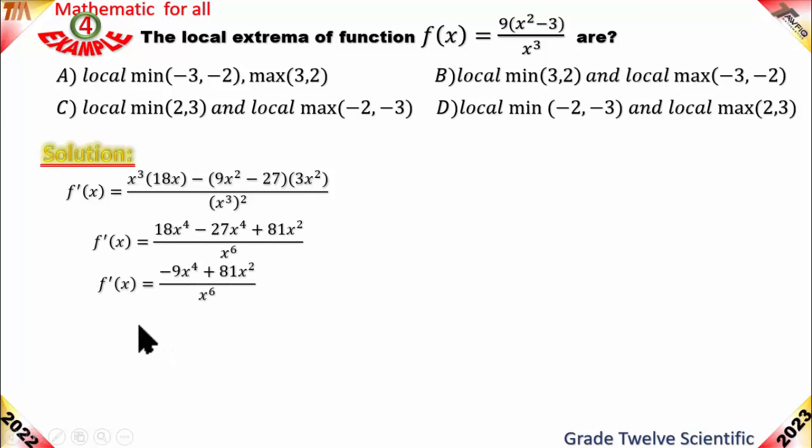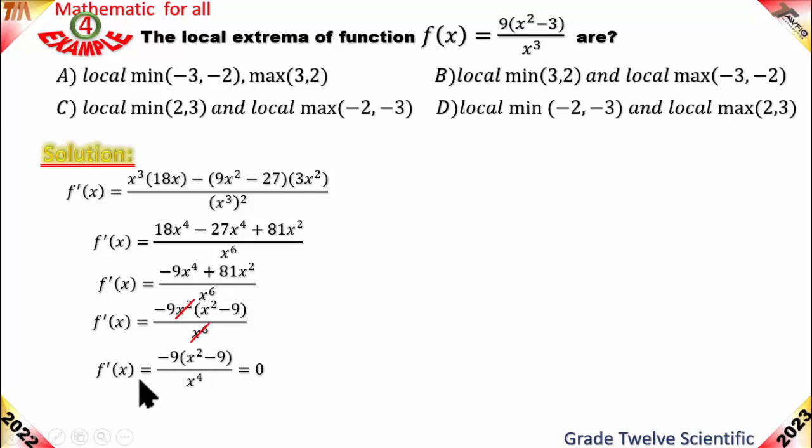Simplifying this, f prime of x is equal to minus 9x squared minus 9 over x to the power 6, cancelling x squared with the x to the power 6. So f prime of x is equal to minus 9 times x squared minus 9 over x to the power 4.